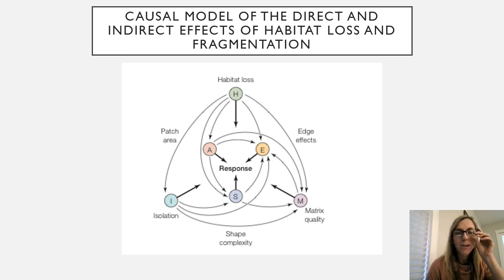The arrows in this figure show some of the causal inferences, which are going to vary depending on the species or community of interest. So the community response to these factors depends on the species response as well. What we don't have shown here in the response is actually those interactions among the species in the community.